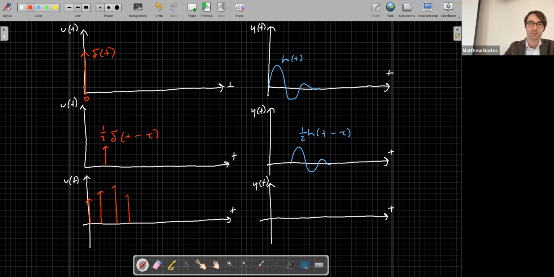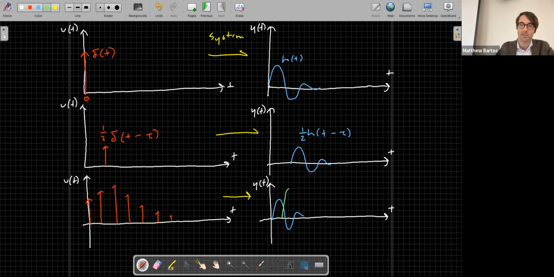Something like this, and we run each one of those through the system. Let me just make it clear that this is being run through our system. In this case, we will get h of t corresponding to the first Dirac delta, some shifted and scaled h of t corresponding to the second Dirac delta, some shifted and scaled h of t corresponding to the third Dirac delta, and so on.